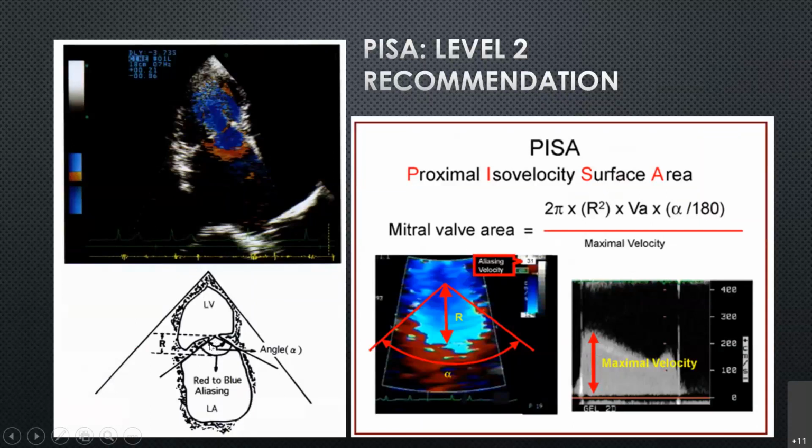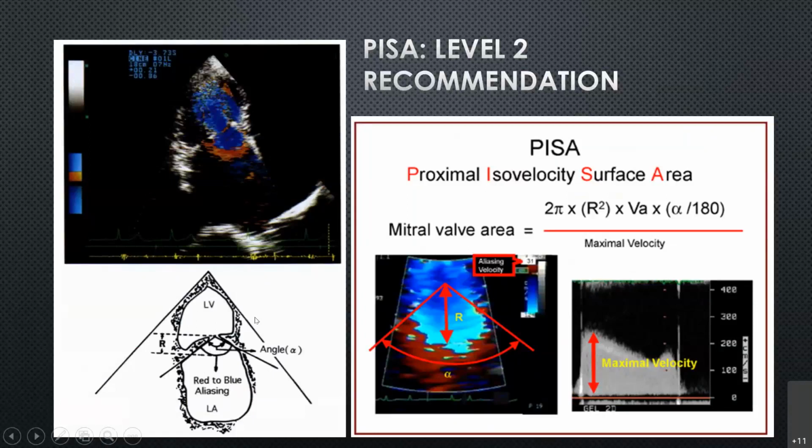So you have to change your Nyquist limit, whether it be MS, MR, or AI, and you have to change it towards the direction of the flow. So in mitral stenosis, the direction of the flow is towards the LV. So you change your Nyquist limit towards the LV, drop it to 30, 40, and it forms shells. RBCs traveling at different velocities will form shells.